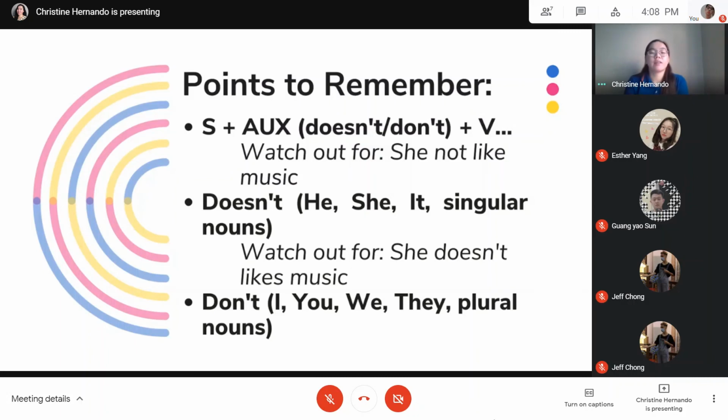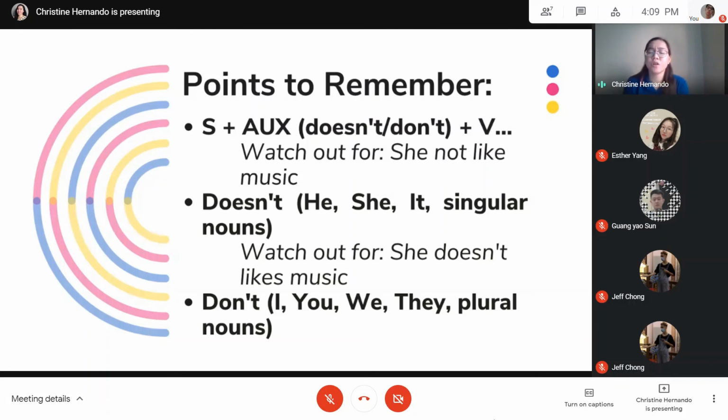The next one is the use of the auxiliary verb doesn't. When we use he, she, it, or any singular noun as a subject, then we must use the auxiliary verb doesn't.